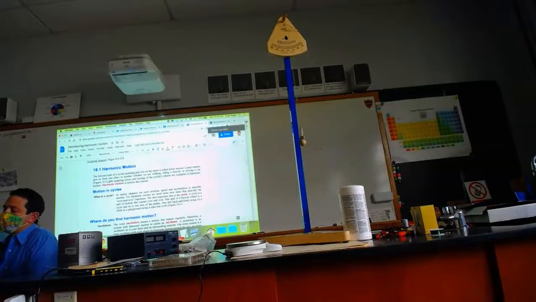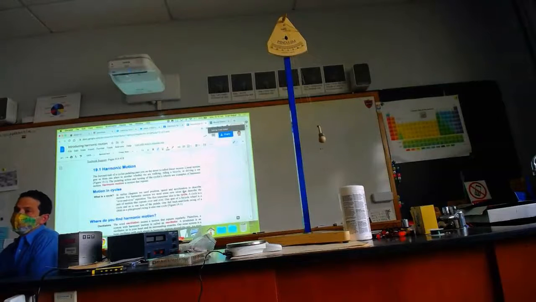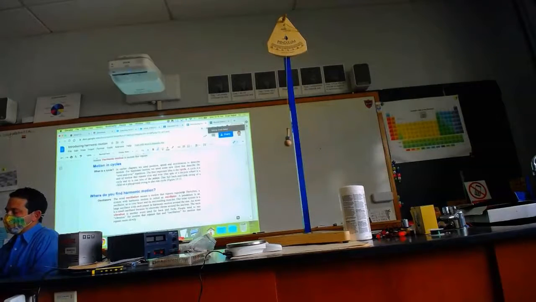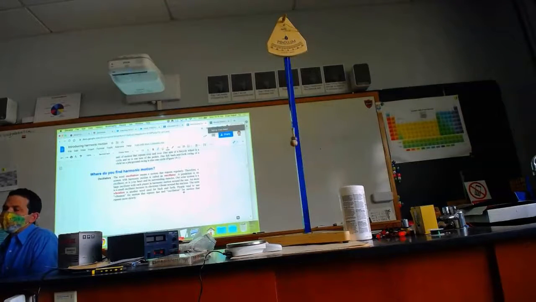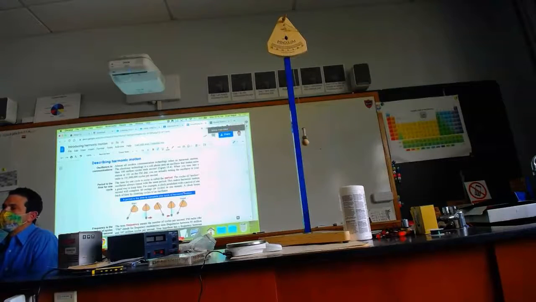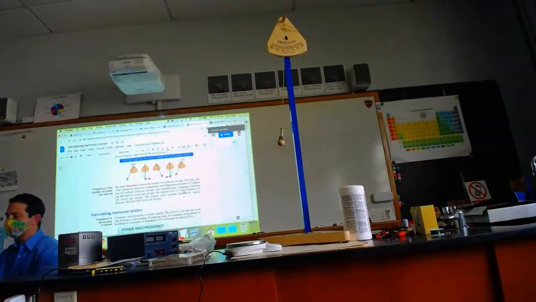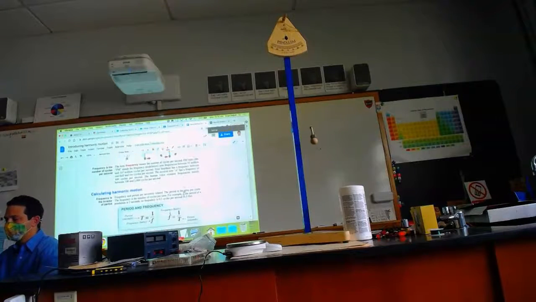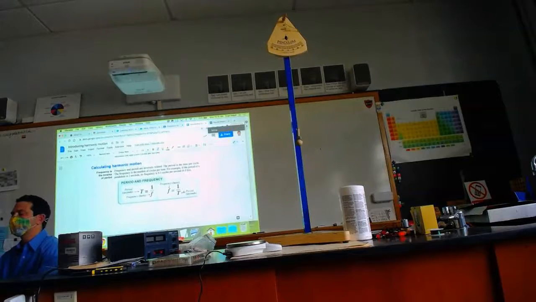It defines harmonic motion, defines the word cycle, repeating motion. It says here that anything that repeats itself is called an oscillator, a word we use often. And then it gets into some of the vocab we've stressed today, like the word period and frequency. And then it gives you a little bit of support for calculating those things.